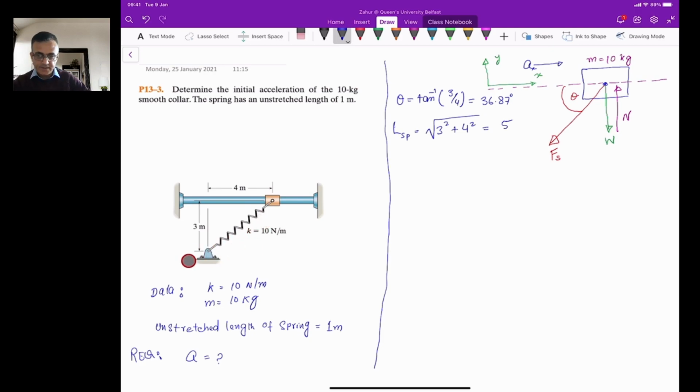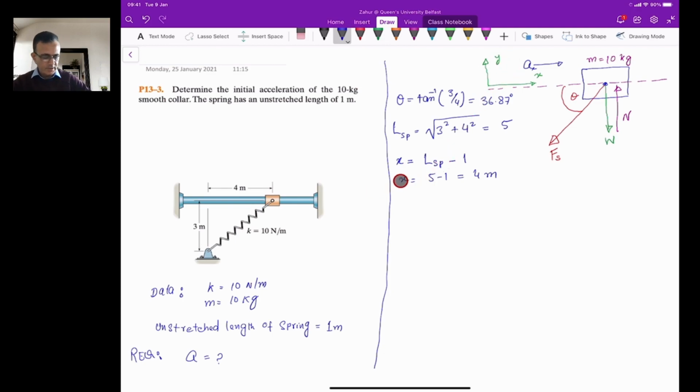The current length of the spring is 5, and the unstretched length is 1 meter. If the length is 1 meter, there will be no force in the spring, but the current length is 5 meters. So the stretch in the spring is 5 minus 1, which is 4, and this 4 is responsible for the spring force. So x, which is the stretch in the spring, is equal to L minus 1. So x in this case will be 5 minus 1, which is 4 meters.